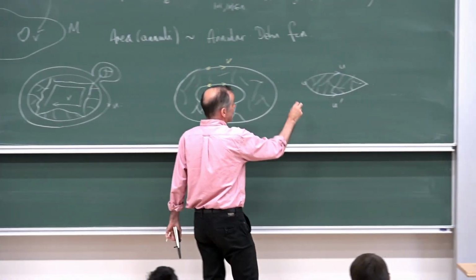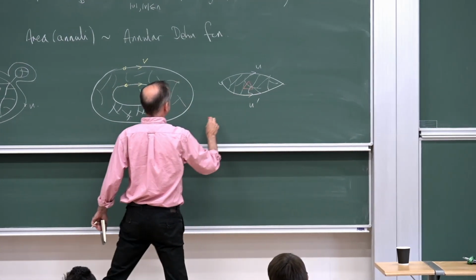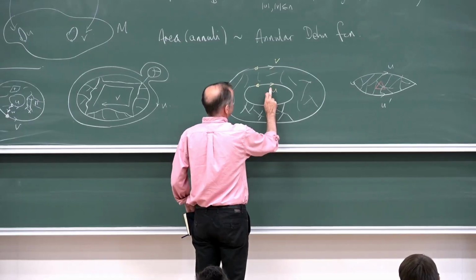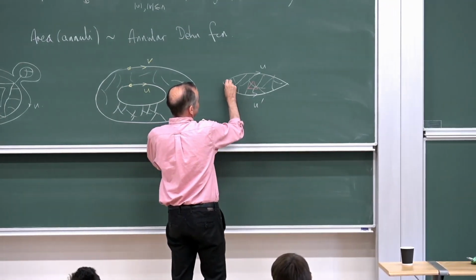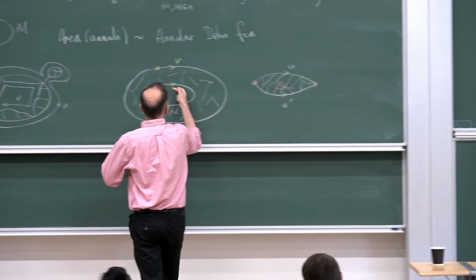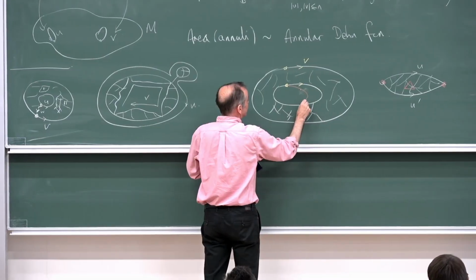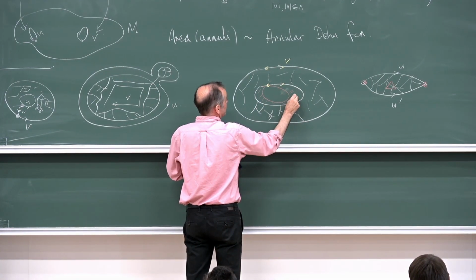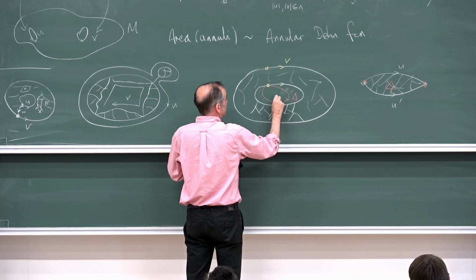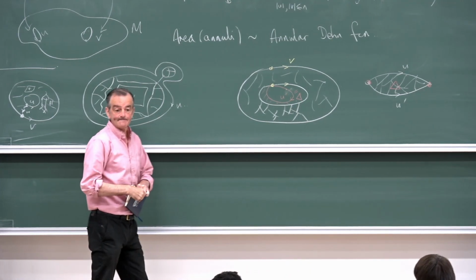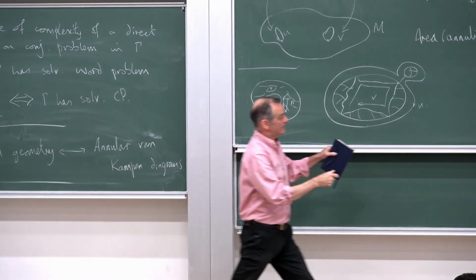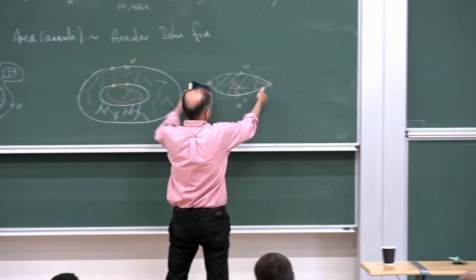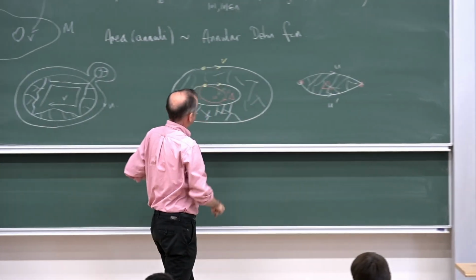Okay. But I could take that diagram, delta, and I could stick those ends together, and then I could just stick that diagram in there. So that would be delta, that would be u prime. I take this, I stick those two ends together, and then I stick the delta there.